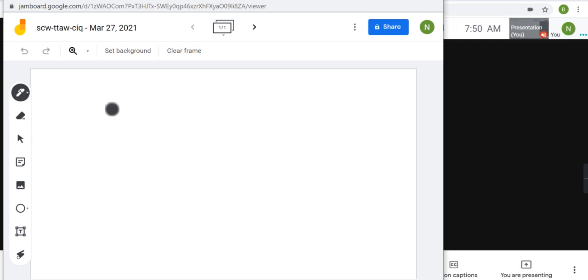Three coefficients. For example, x square plus y plus c. This is a quadratic equation, right?